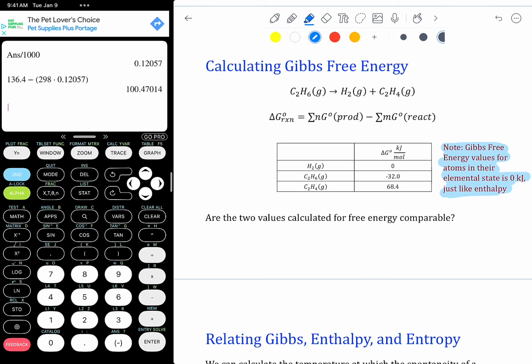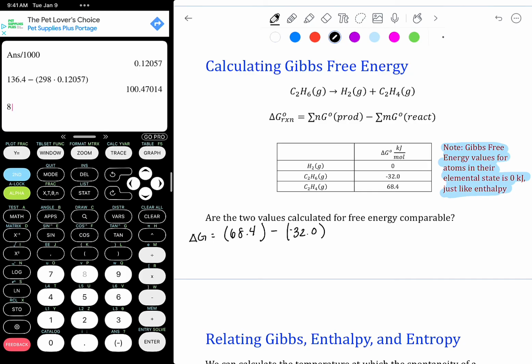And if you just want to double check, you'll see that there is an entropy value for all of those as well. So we do delta G of our products, which is just C2H4. So C2H4 is 68.4 minus that of C2H6, which is negative 32.0.